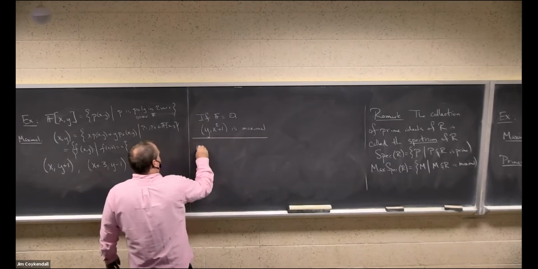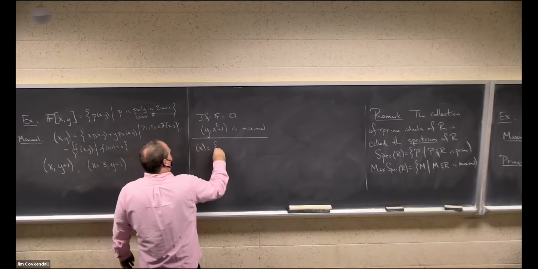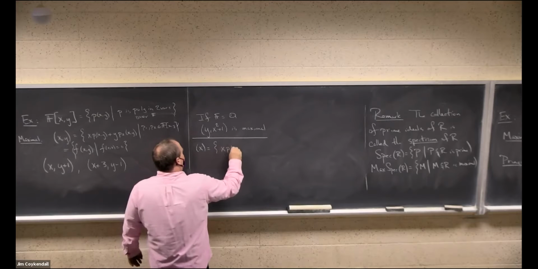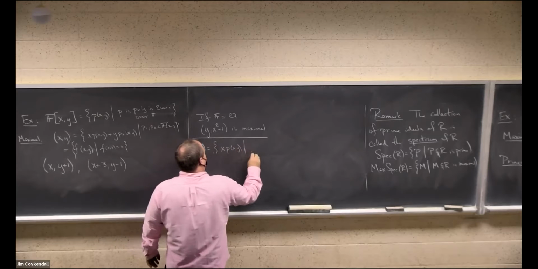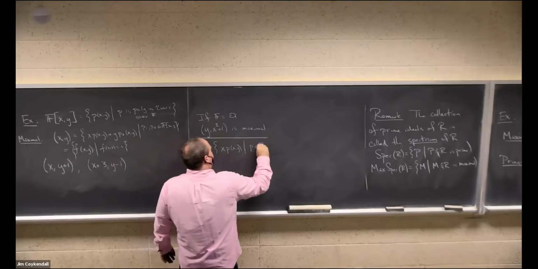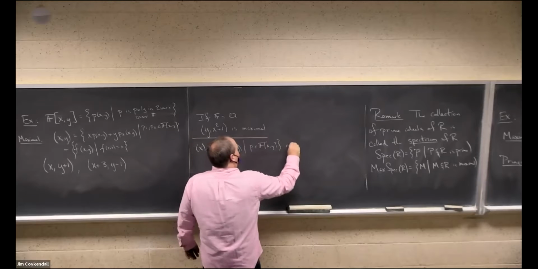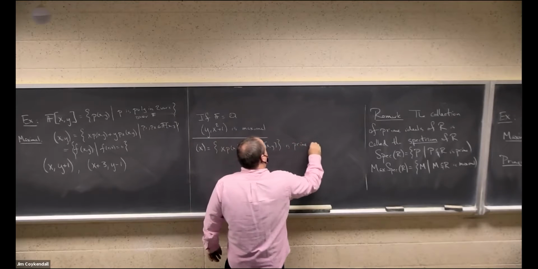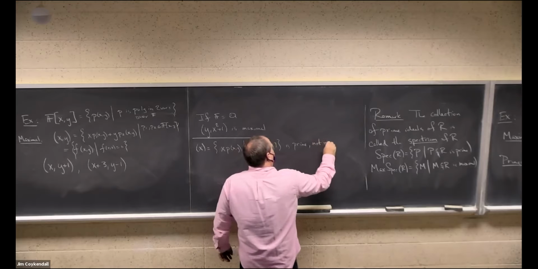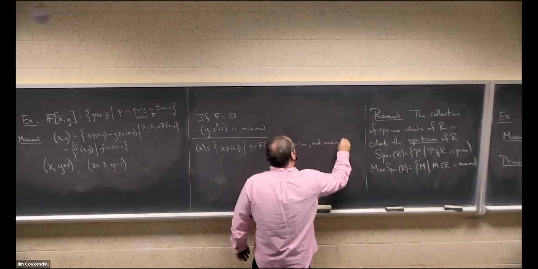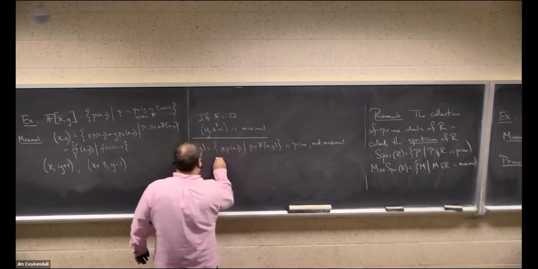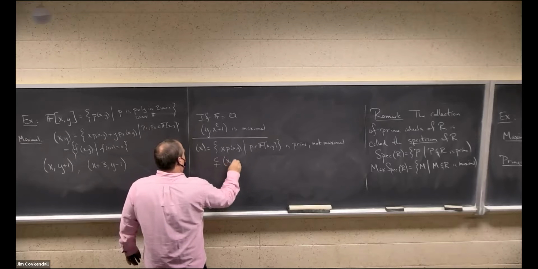The ideal generated by x, which is just the set of x times p(x, y), is prime but not maximal, because the ideal of x is strictly contained in the ideal of x, y.